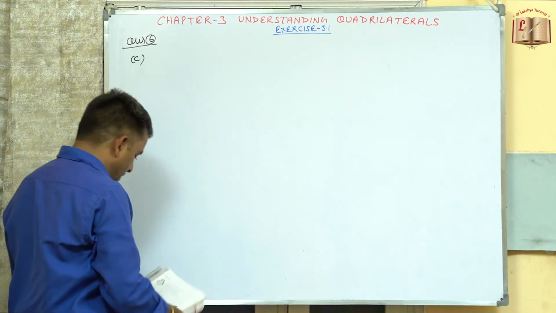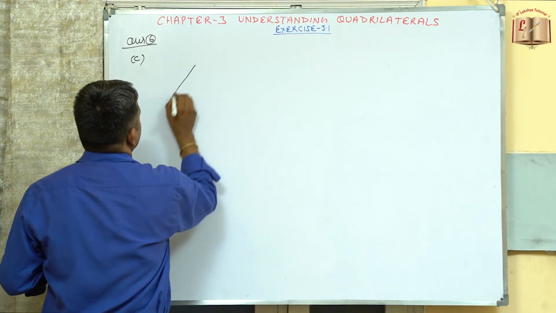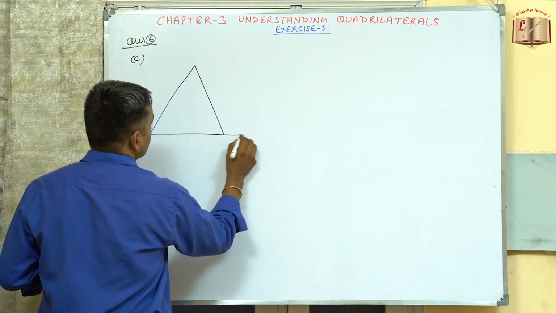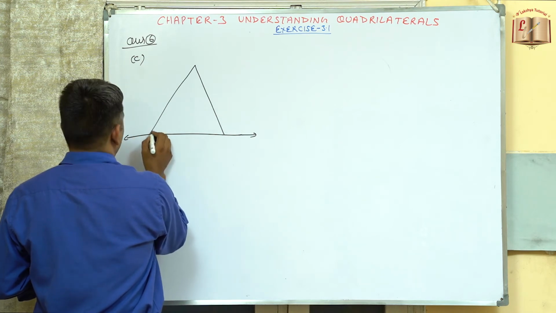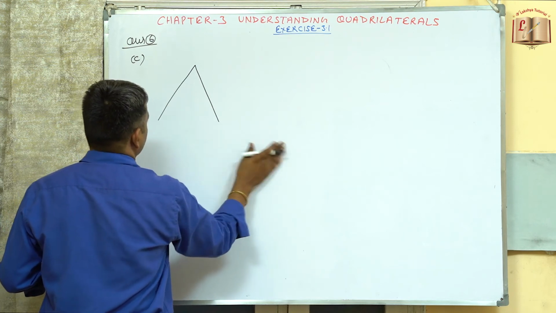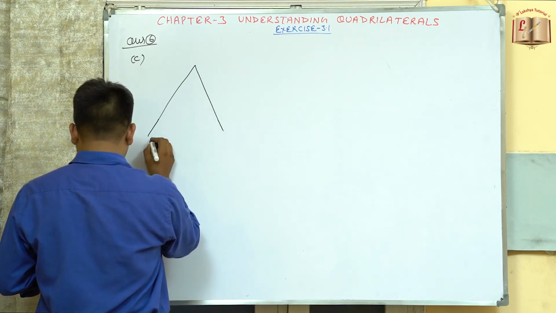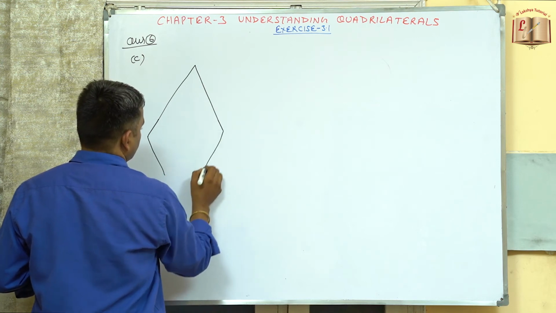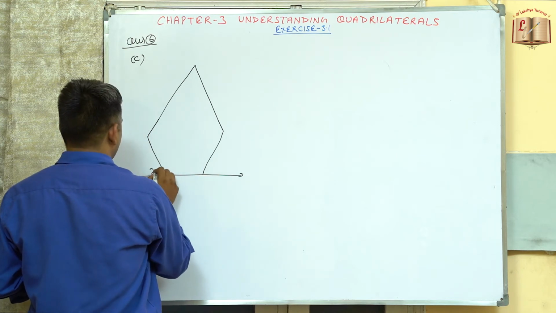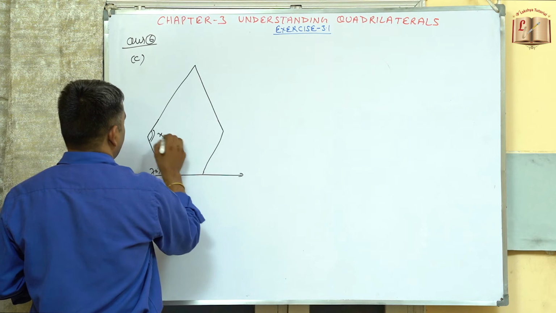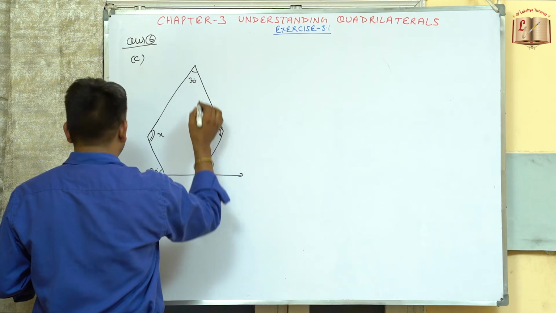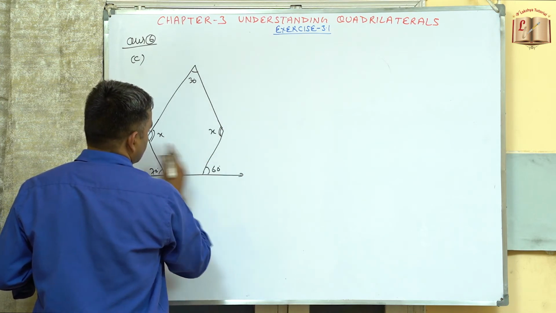So now coming to part C of this. Now this is 70 degrees given to us, and here it is 70 degrees given to us, and this is angle x, again this is angle x, and here it is 30 degrees, and this is 60 degrees.